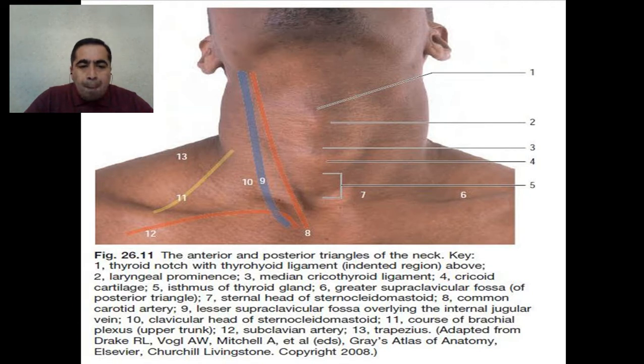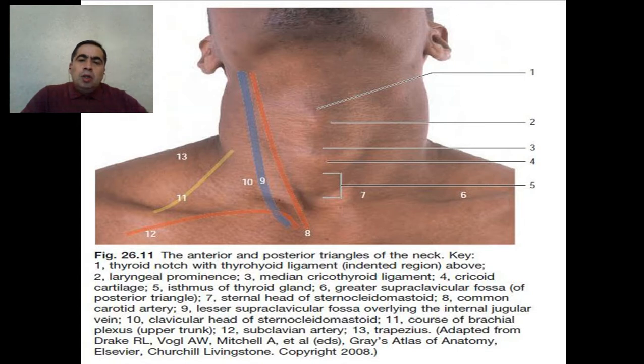Isthmus of the thyroid gland, which connects two lobes of the thyroid gland. It corresponds to the second to third, maybe third to fourth cervical vertebrae.